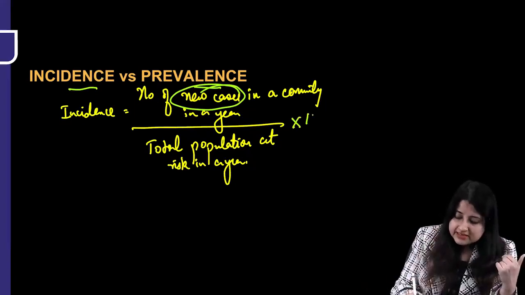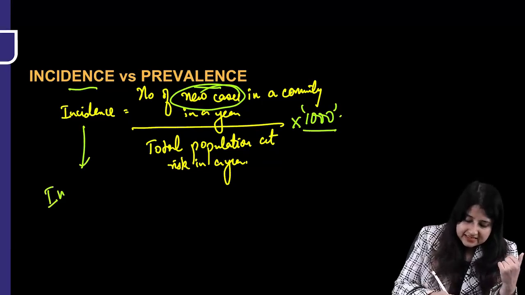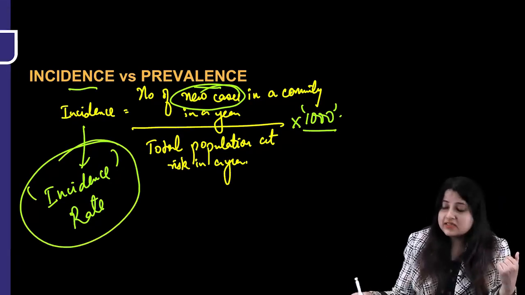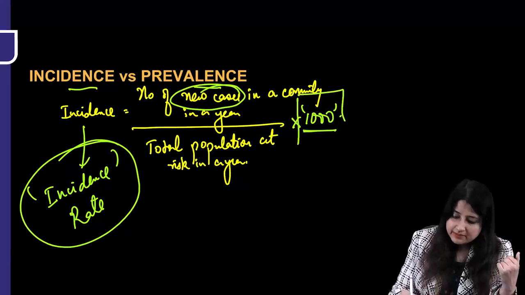But the important thing is the multiplier is 1000. So, what is incidence? Incidence is actually incidence rate. We can very well say that incidence is a rate because numerator has become a part of denominator and what is my multiplier? 1000. But what is the definition of prevalence, everybody?